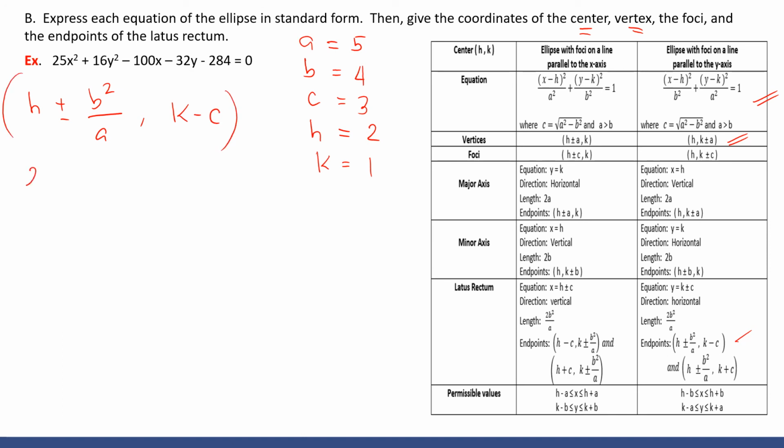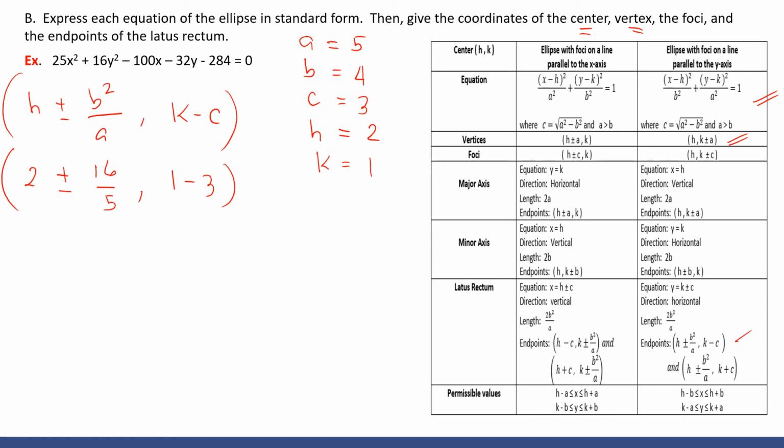H is 2, and then plus minus b squared, so that is 16 over 5, comma, and then k, 1, minus c, minus 3. Okay, convert 16 over 5 to decimal.